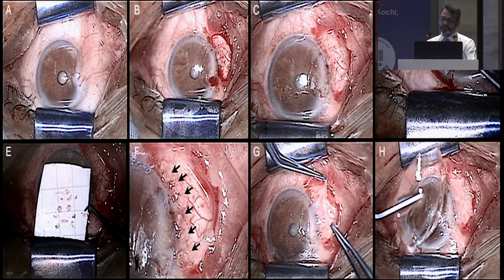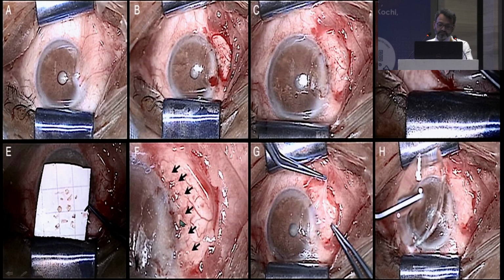This small area has been split into different small pieces of limbal cells, and they are placed here. They are fixed with fibrin glue, or over them again an amniotic membrane graft can be put, and finally a bandage contact lens is put.